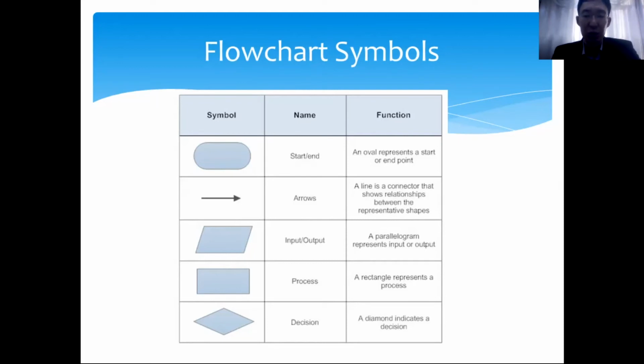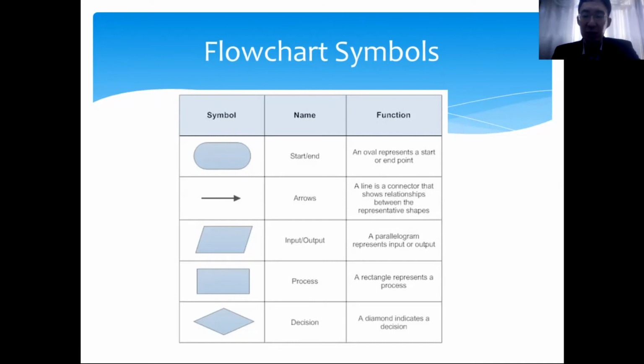A rectangle represents a process. All the processes should be shown as a rectangle, so cooking can be a rectangle. Input can be something like an order, so the order is an input, and the food is an output.